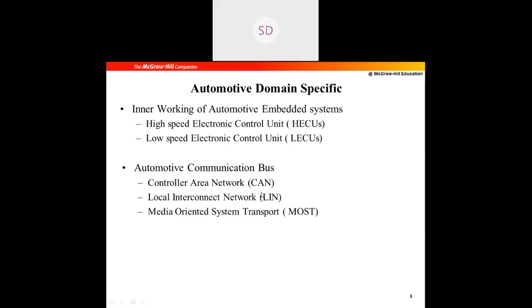Basically, LIN is a low speed single wire communication. LIN can be used in low speed electronic control units, where the execution may not be real time, meaning occasional failure is okay. In such low speed applications, this Local Interconnect Network bus will be used.